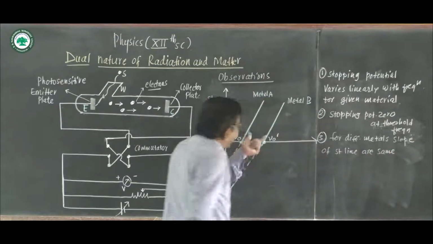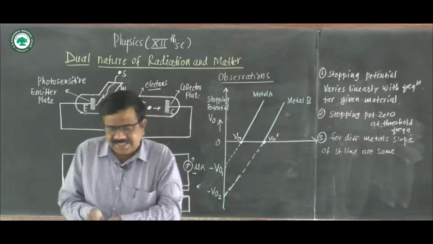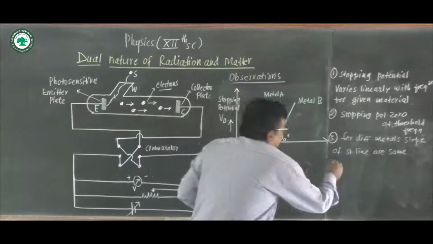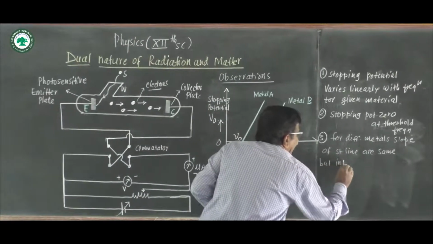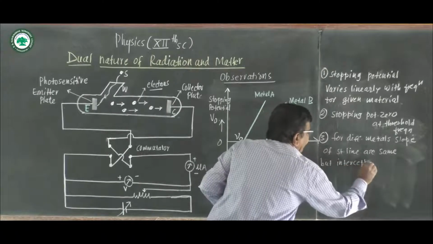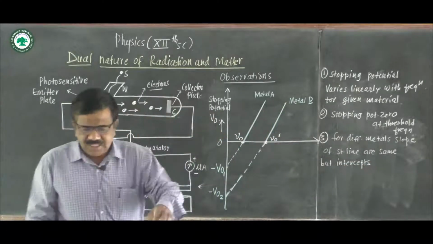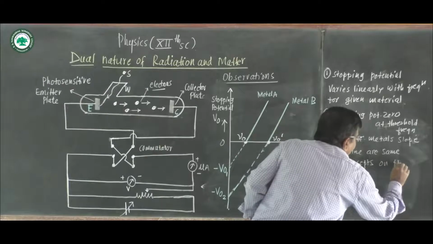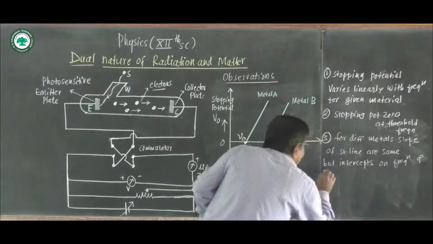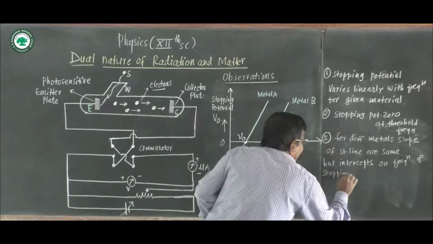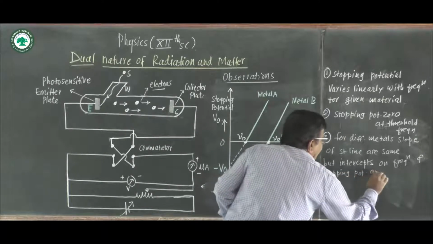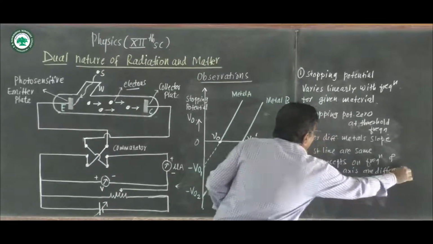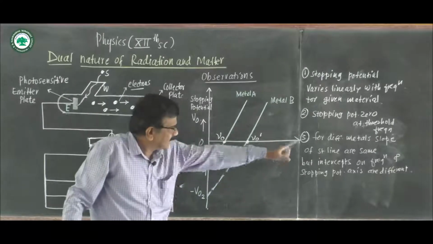See here, as these two are parallel lines, the slopes of the straight lines are the same, but the intercepts on the frequency and stopping potential axes are different. Slopes are the same for different metals.